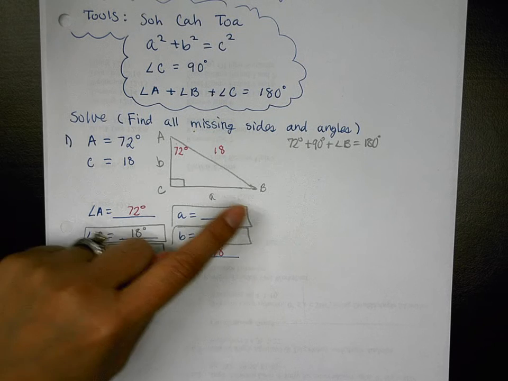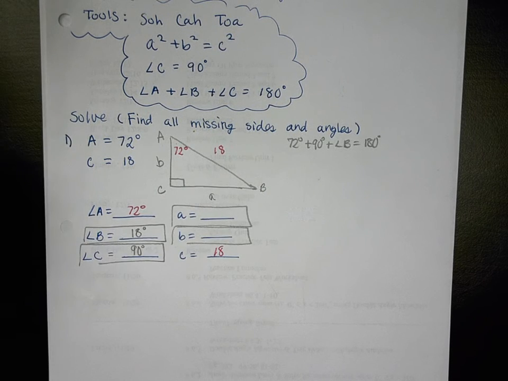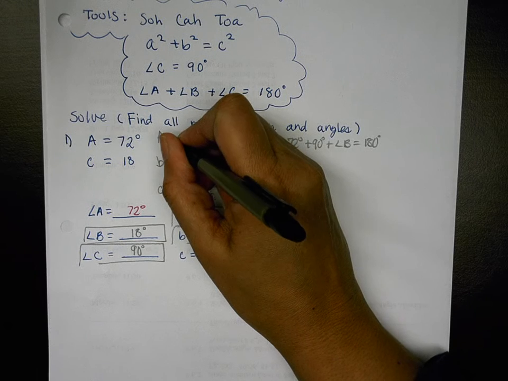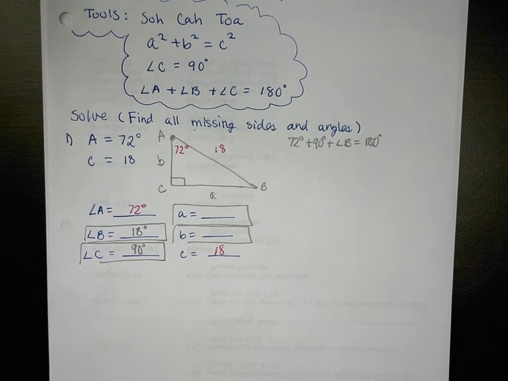Okay, I also know angle B. But I'm not going to use angle B, I can, but I'm just going to use angle A because I feel like it. So I'm going to put my pencil marking here. So why am I putting my dot there? Because I'm using angle A as my reference angle, as my starting angle. Why?